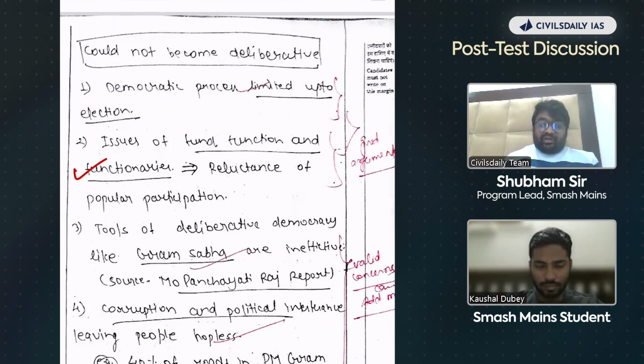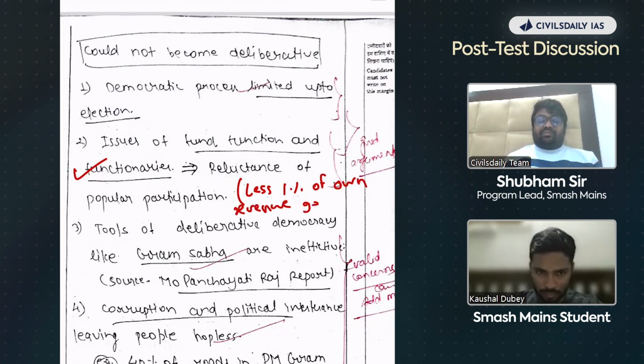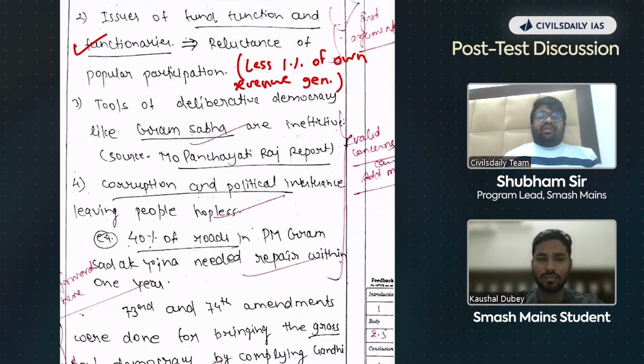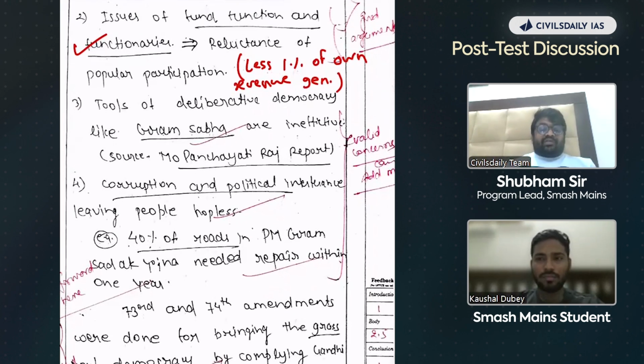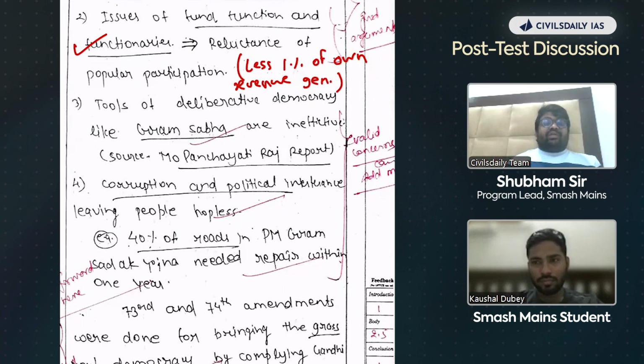But again, here you can substantiate using the data. Okay, simply put a bracket: less than 1% of own revenue generation. Right? Or uneven devolution of powers by the state government under the Schedule 11 and 12.